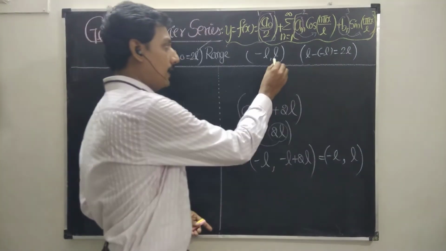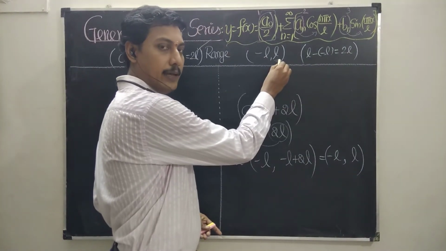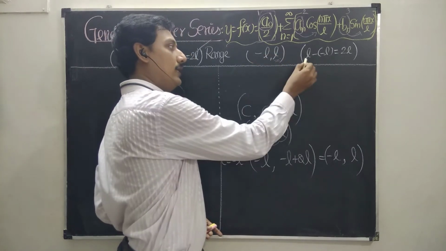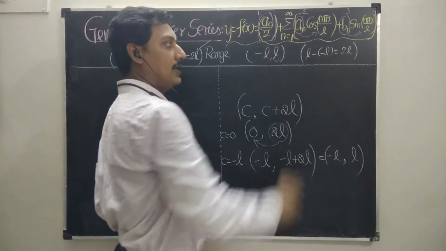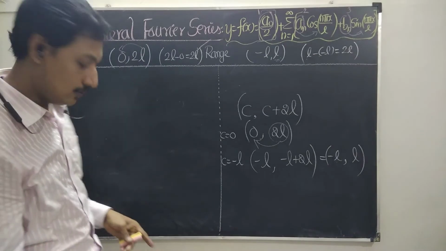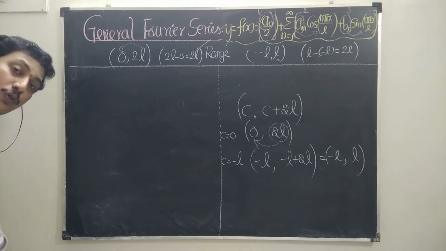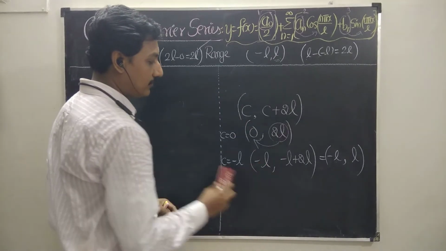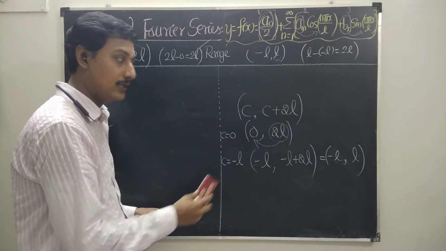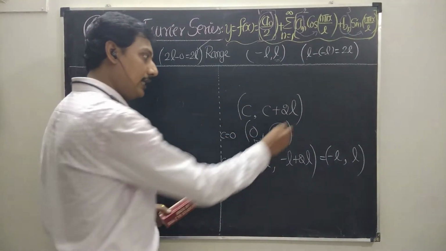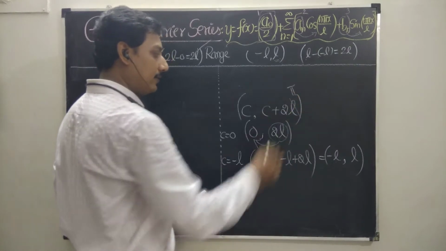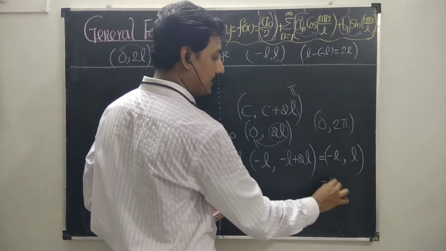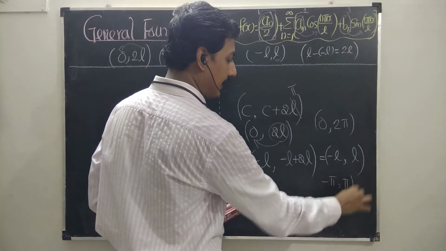The range is maximum minus minimum, or the right hand side value minus the left hand side value. So l minus of minus l is plus l, so l plus l is 2l. Anyhow, the range is 2l only. That is why this is called the full range series, with c equal to 0 and c equal to minus l. If you substitute l equal to pi, I get the two intervals 0, 2 pi and minus pi, pi. That is the second table.